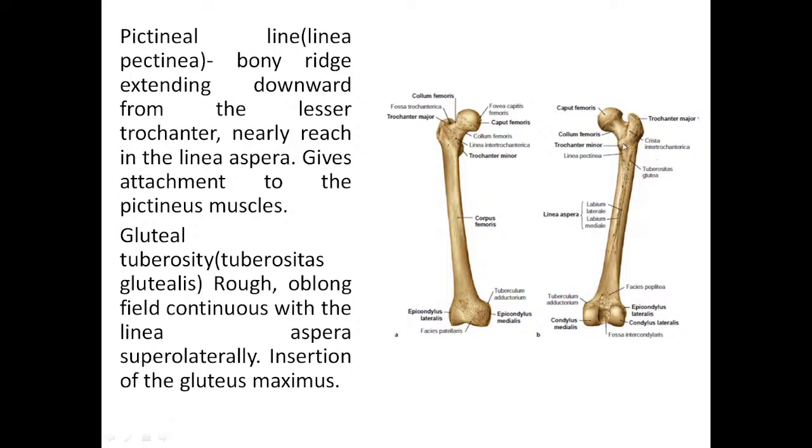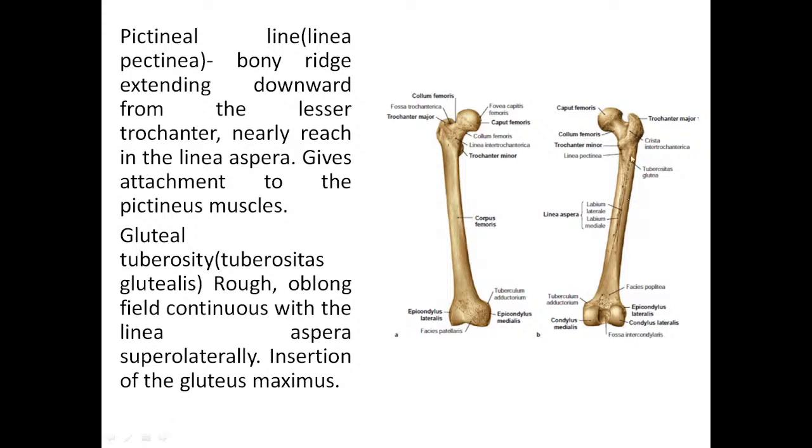Linea pectinea is a bone ridge extending downward from the lesser trochanter, nearly to the linea aspera, giving attachment to the pectineus muscle. Gluteal tuberosity is a rough oblong field, continuous with linea aspera supralaterally.